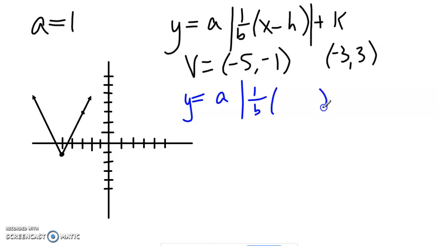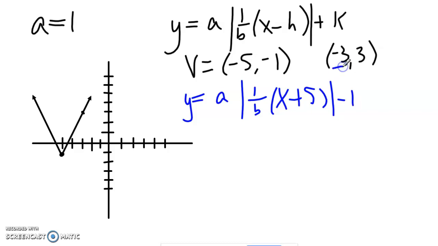And how am I going to write my vertex? It's -5, -1. So Cheyenne, what does that mean? Is it going to be x plus 5 or x minus 5 in parentheses? X plus 5. Now outside of the parentheses, am I going to use -1 or +1? -1. Okay, so we plugged in for our vertex.